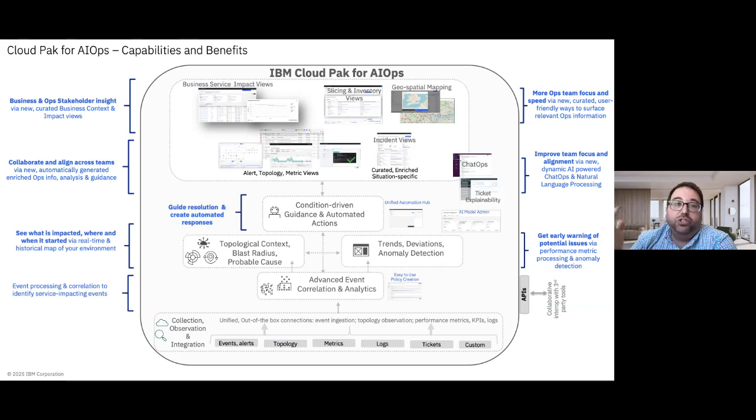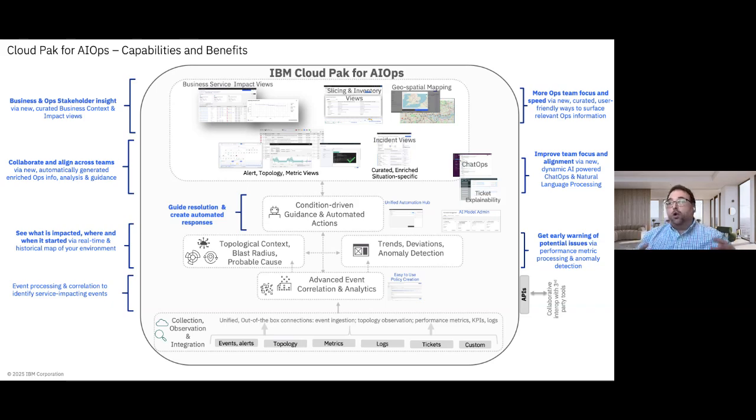We also give you a business service impact view, so you understand what is impacted across your environment and what services are at risk, so you can decide how you want to triage and prioritize the alerts that are coming through. We finally give you, over on the right, ChatOps, the ability to communicate across your teams with chat, and then those ticketing systems, as I mentioned before.